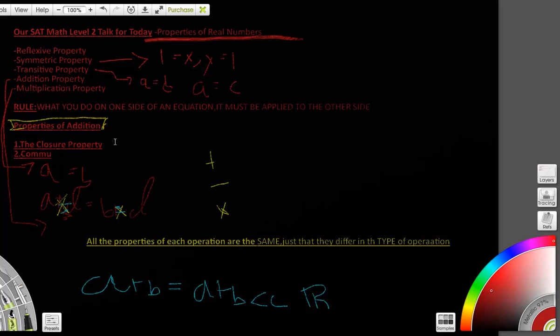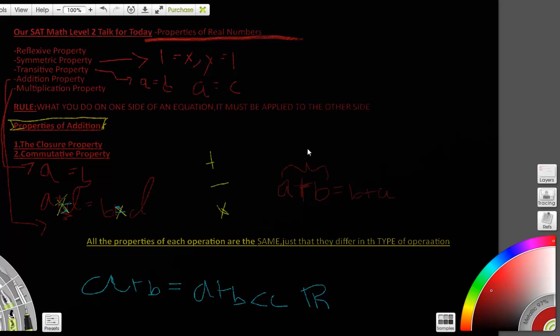The commutative property states that the order of the operations can change. So a plus b can in fact be switched around to b plus a. It would result in the same real number.